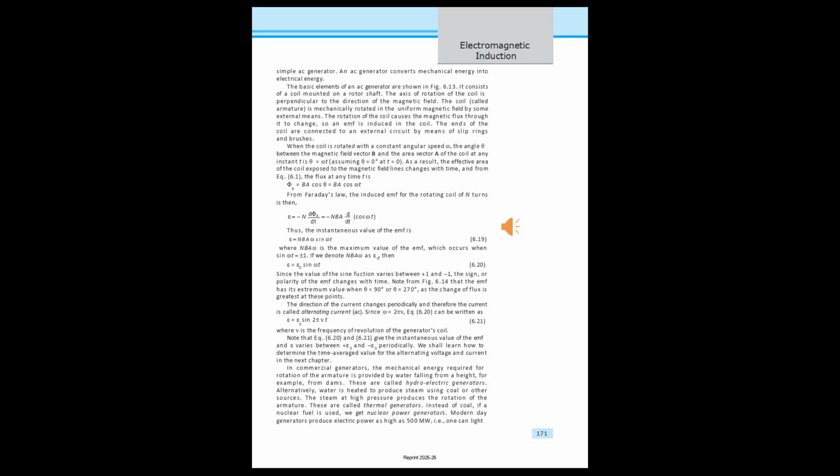Since the value of the sine function varies between plus 1 and minus 1, the sign, or polarity, of the EMF changes with time. Note from figure 6.14 that the EMF has its extremum value when theta equals 90 degrees or theta equals 270 degrees, as the change of flux is greatest at these points. The direction of the current changes periodically and therefore the current is called alternating current, AC.